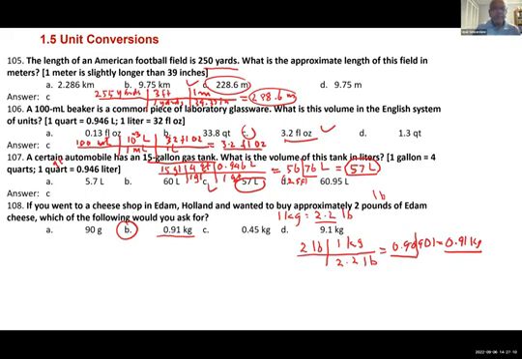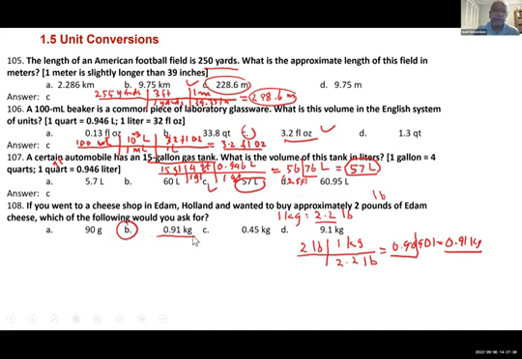The gasoline is sold at different places, in different units. Somebody wants to buy cheese in Holland. Holland is a European country. To buy approximately 2 pounds, they do it in kilograms. I'm sorry, we are the ones doing pounds. Which of the following would you ask for? How do I get 2 pounds converted to kilograms, 0.91 kilogram?